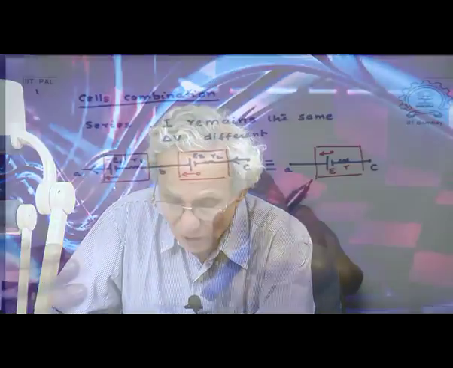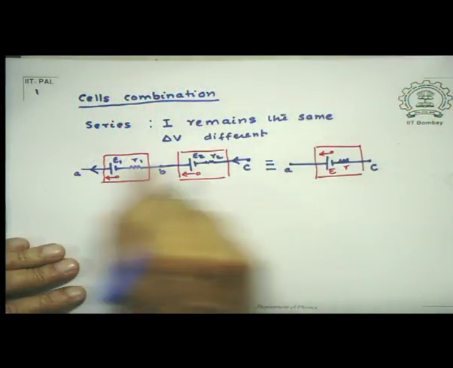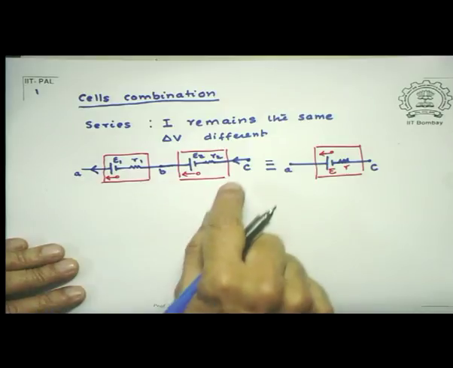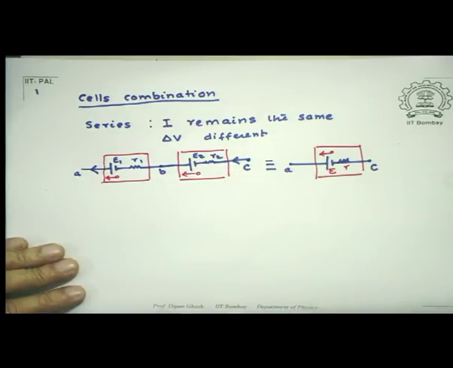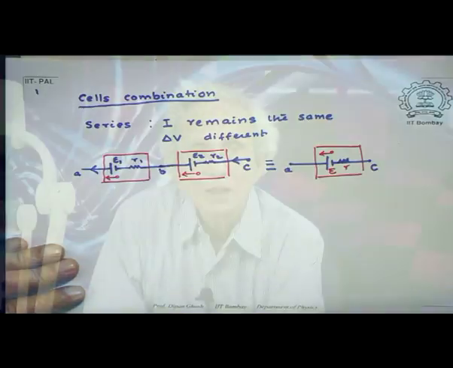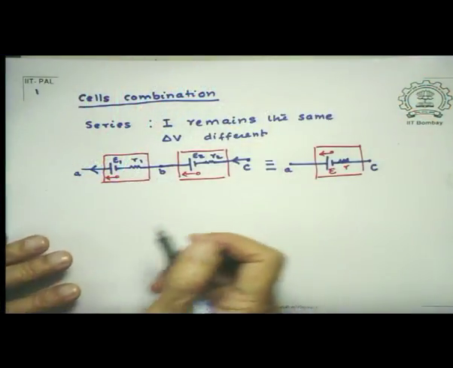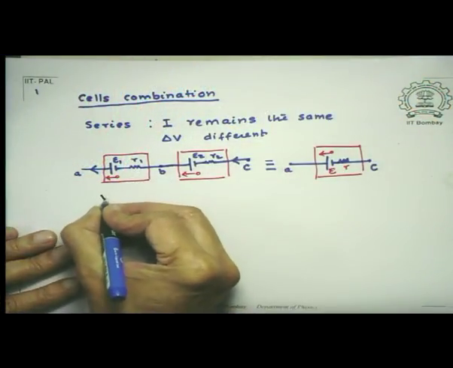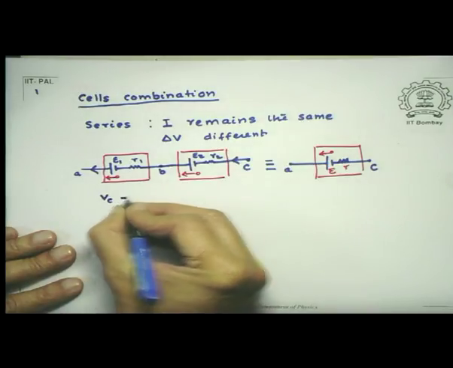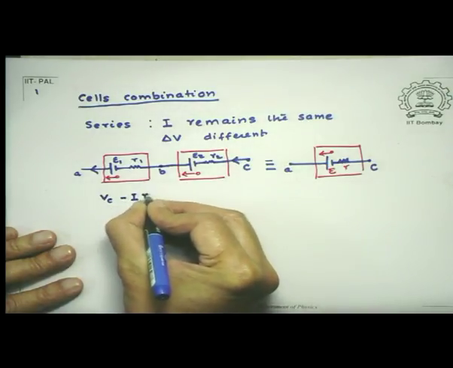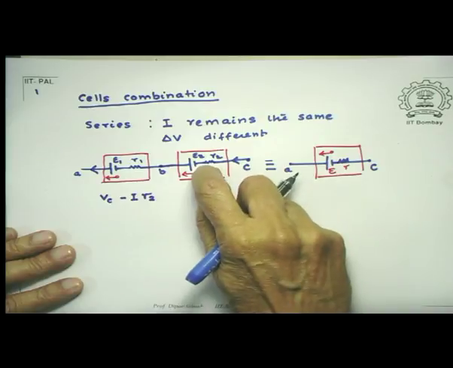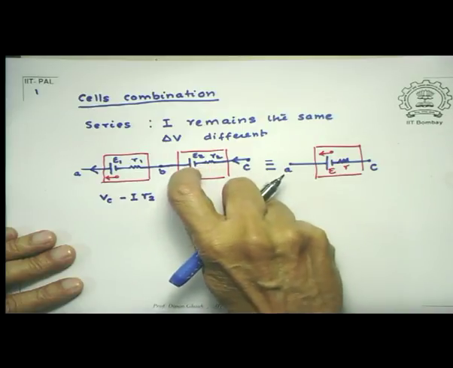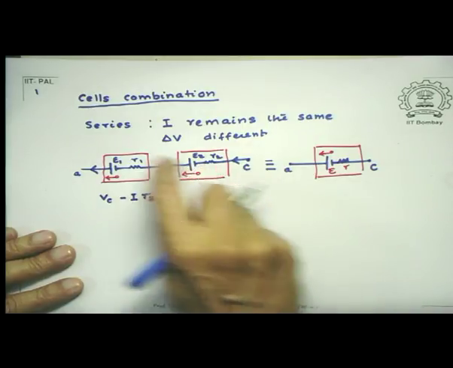I start from the point C, go in the direction of current. This is the direction of the current. Now whenever you go in the direction of current, there is a potential drop when you cross a resistance. So drop, I will put a minus sign. So therefore what I have is Vc minus I times R2, and here I increase the potential because it is going from negative to the positive.